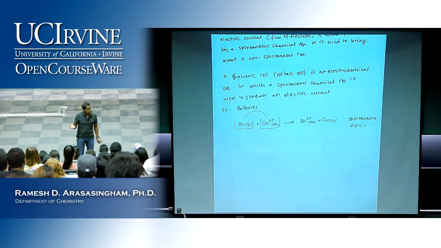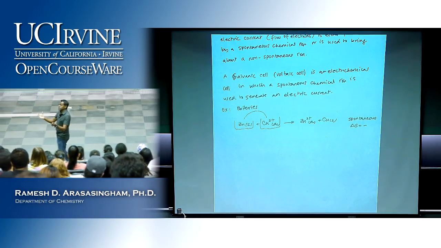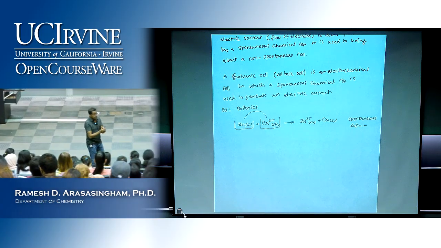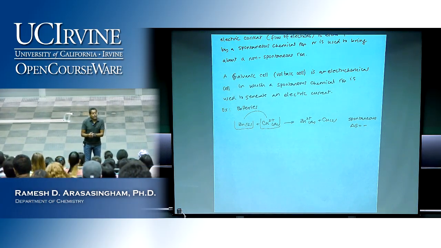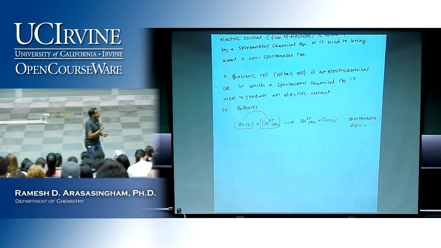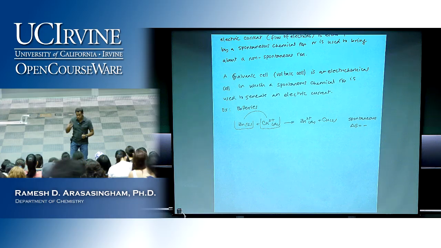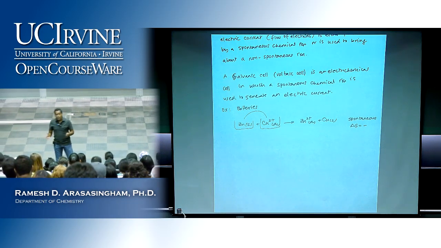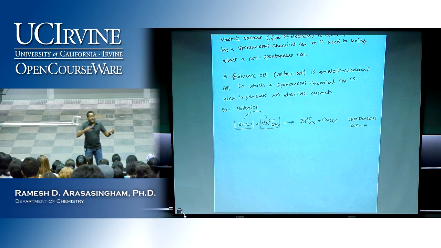So the idea is, instead of having the 2 reactants in intimate contact with each other, where the electrons are transferred from one to the other, we want to construct a device where we take advantage of the fact that it is a spontaneous reaction, that electrons are going to go from one to the other, but now we force these electrons through a wire, physically separated, so that you have electron flow through the wire.